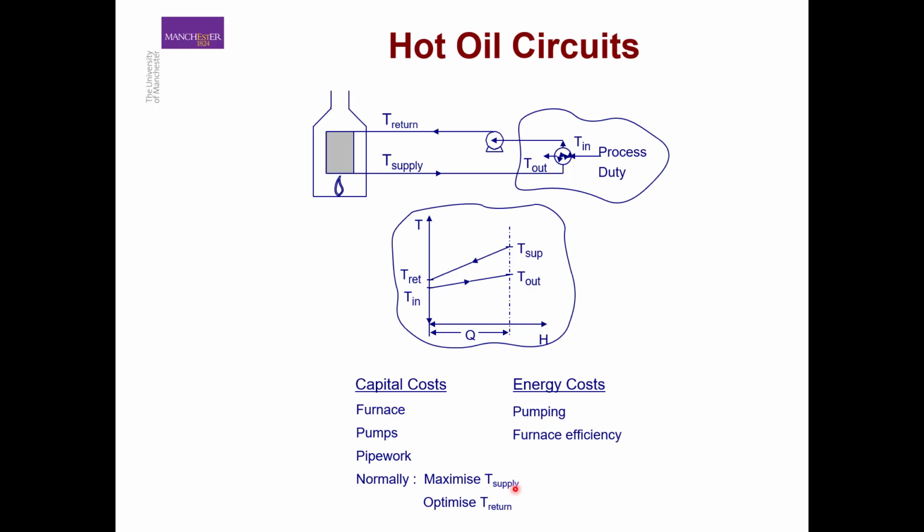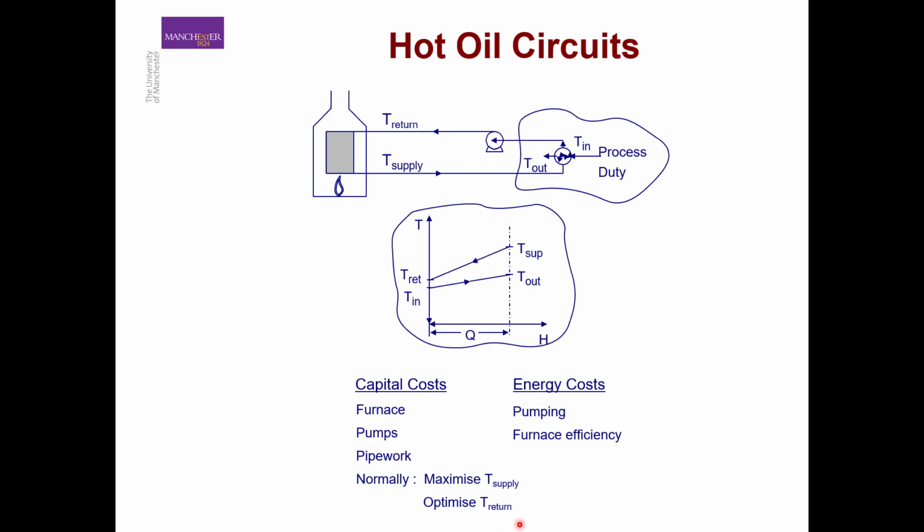The higher the supply temperature, the less oil we have to use, and similarly the return temperature also affects the mass flow rate of the oil. Normally we optimize this return temperature based on process optimization, so the return temperature comes from the optimization process rather than us just selecting a temperature.